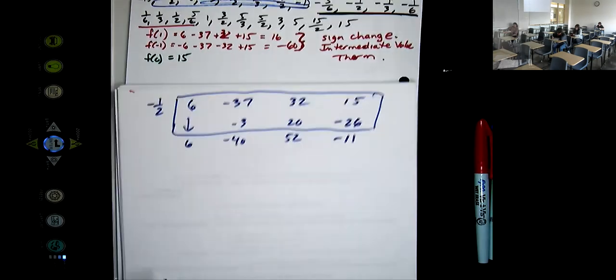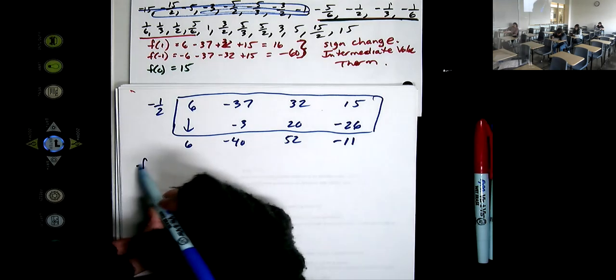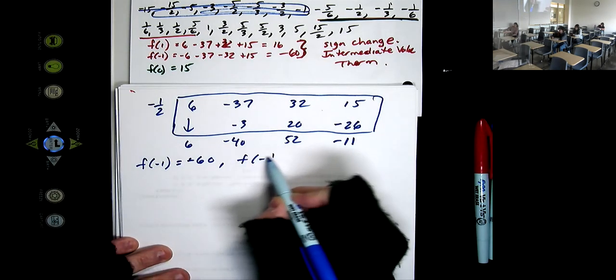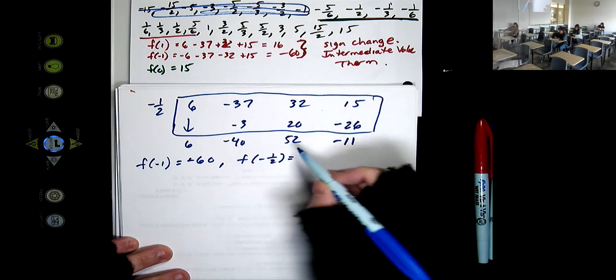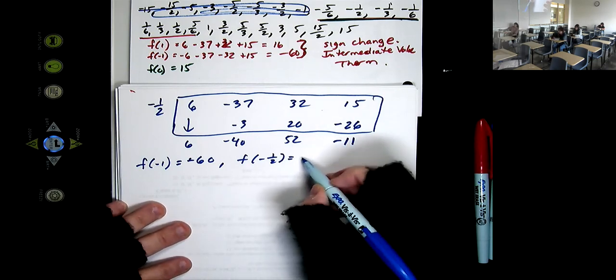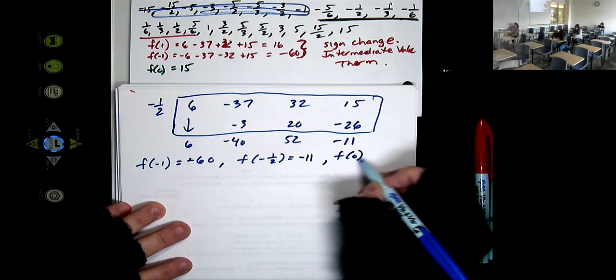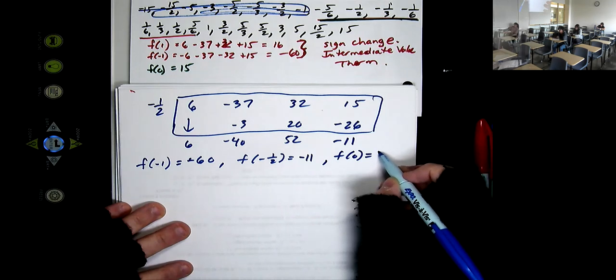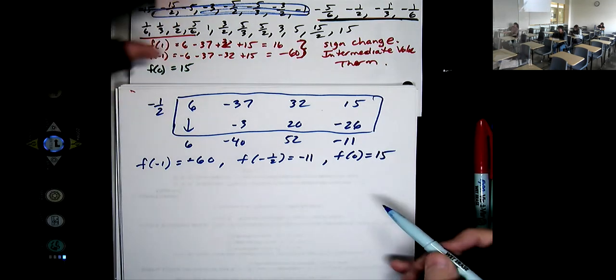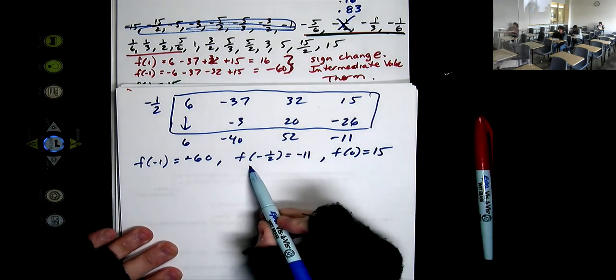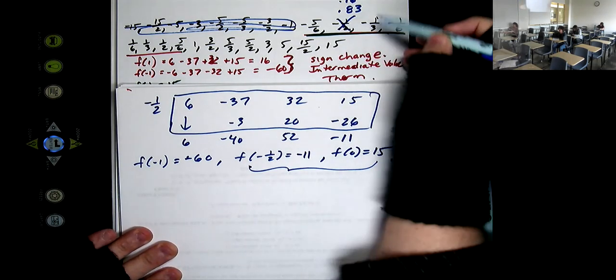All right. So I had f of -1 is -60. I have f of -1/2 is -11, my root here. And f of 0 is 15. I just showed my -1/2 is not one of them. And there is a root between -1/2 and 0, which is these two.